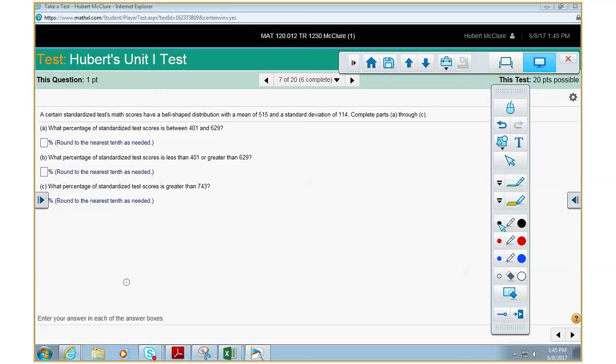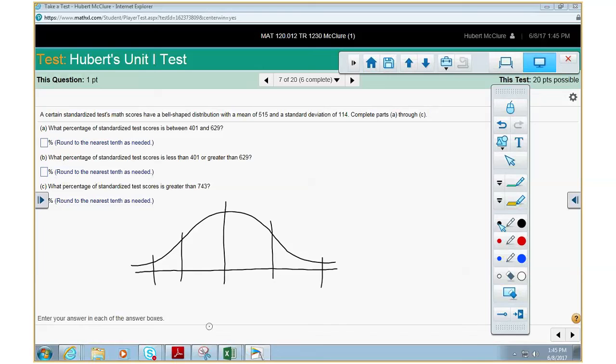All right, let's take our handy dandy virtual pencil. 515. Somebody give me the 2 to the right: 629, 743. 2 to the left: 401, 287.